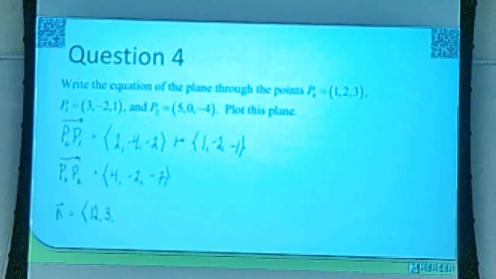Yep, okay, my notes must be wrong here. I must have not known how to do arithmetic. That's negative 2 minus negative 8. No, that's right. I got it right. 6.